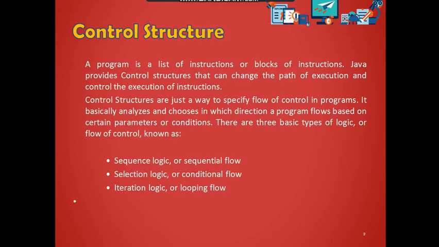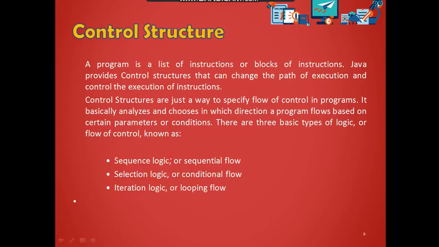Fine. So there are three basic types of logic or flow of control: sequence logic or sequential flow, which we used to call sequential structure; selection logic or conditional flow, which we used to call conditional structure; then iteration logic or looping flow, which we used to call looping structure.